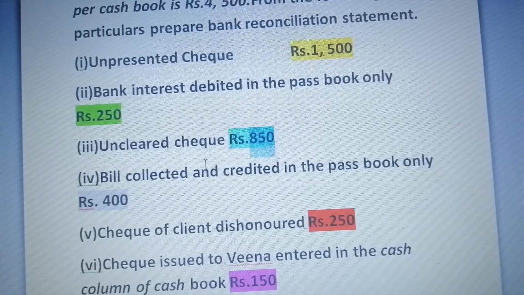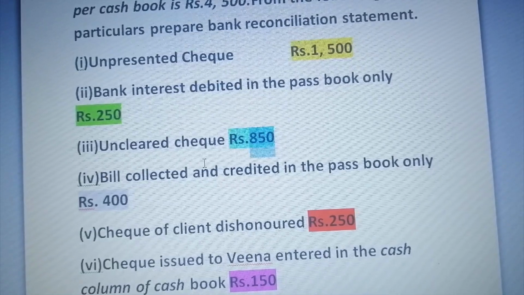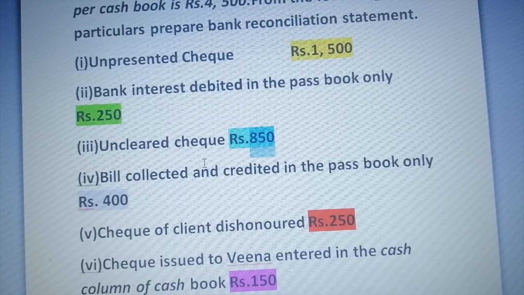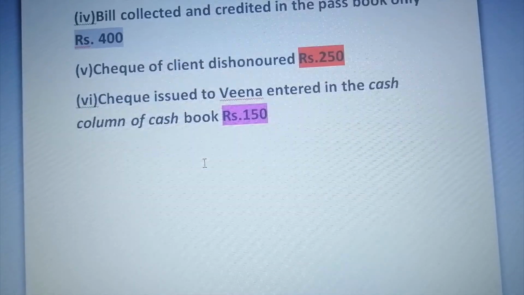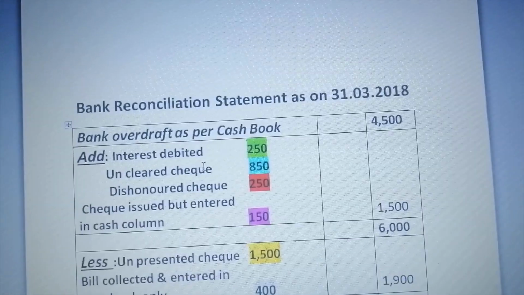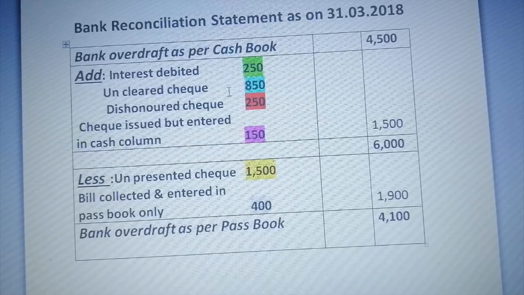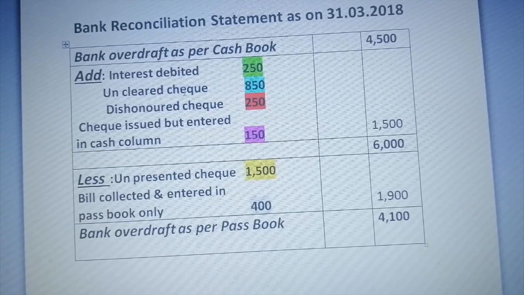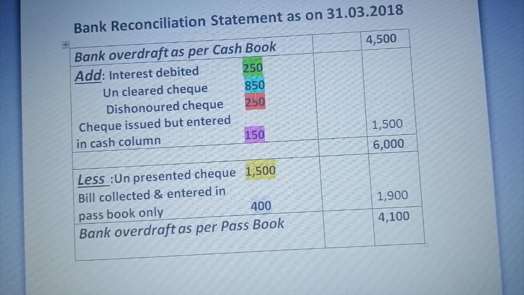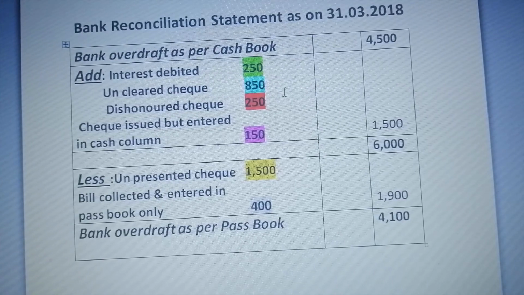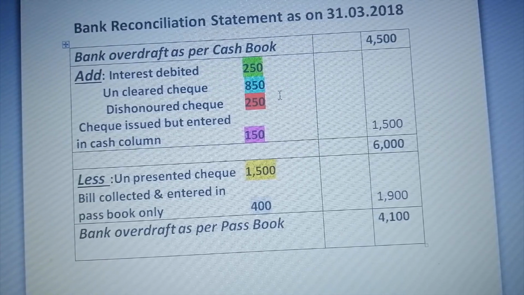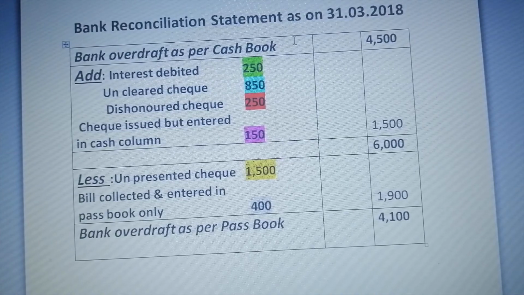That means this check is not yet credited into his account, so this leads to decrease the balance of passbook when compared to cash book. Okay, so this transaction is being added back to cash book balance. Clear? Because this transaction leads to decrease the balance of passbook when compared to cash book balance. That's why this transaction is added back with cash book. That is uncleared check 850 rupees. Clear?